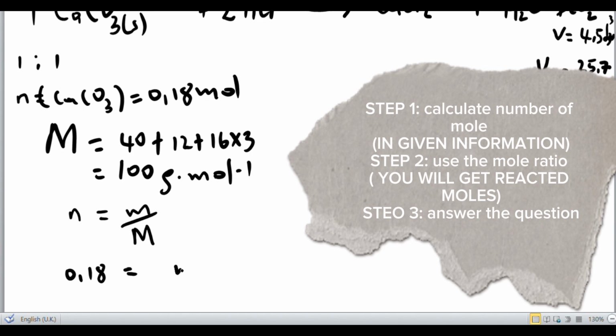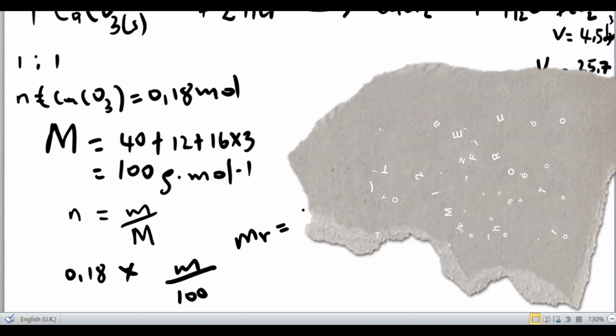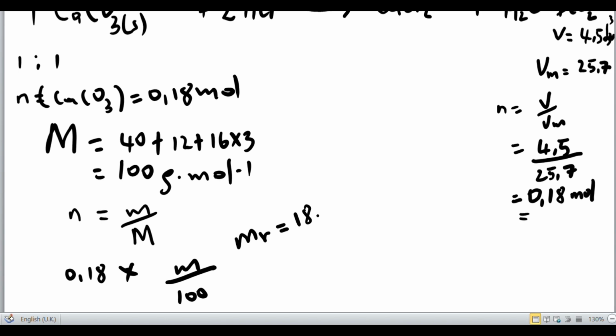The molar mass is 100. Cross multiply. We get the mass. This is the mass reacted, mass R, which is 18 grams. Mass R, because we used the mole ratio. Since we used the mole ratio, we get the number of moles reacted, we get the mass reacted.